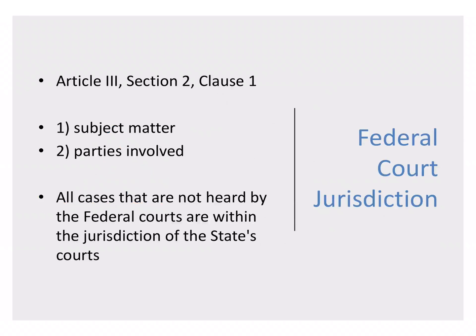Okay. So federal court jurisdiction is determined by the subject matter of the case or the parties involved in the case. And we find this described in Article 3, Section 2, Clause 1, if you want to go to the Constitution and look it up. Okay, so depending on what the subject matter is, what the case is about, or who the parties are involved in the case, who's bringing forth the case and who's defending the case, it might be federal court jurisdiction.